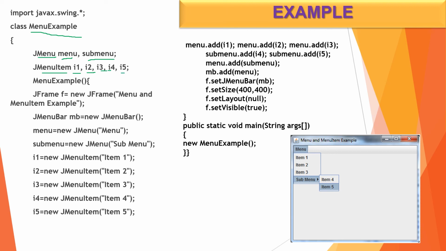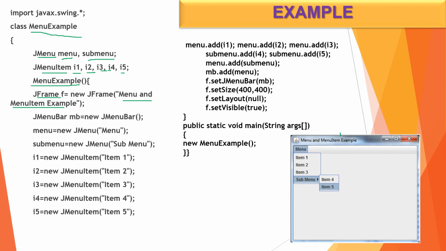Menu example is the class we have specified, and it contains the frame. The name of this frame, menu and menu item example, is displayed on the upper side, shown at the right hand side.